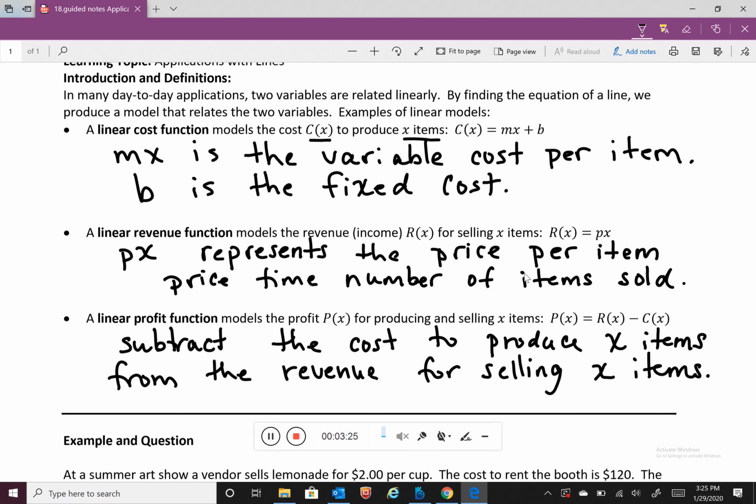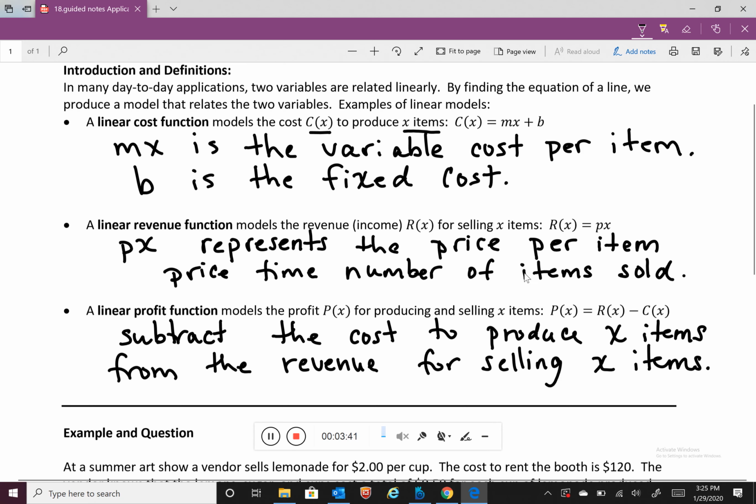So it costs us money to make goods. We want to sell those goods. That's our revenue. And then the profit is whatever revenue minus the cost to make these goods is.